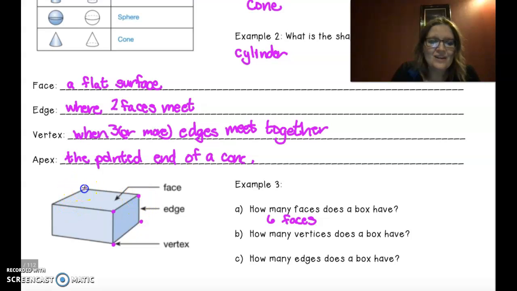We've got one here, and we've probably got one on the other side of it right there. So let's count. 1, 2, 3, 4, 5, 6, 7, 8. So we would have 8 vertices.